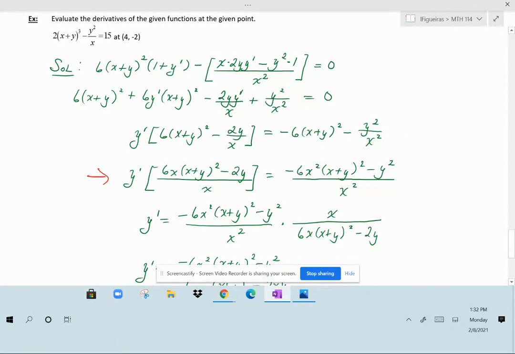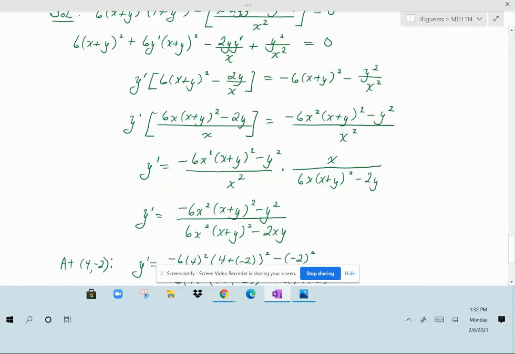Okay, so I have to isolate y prime, so I'm going to multiply both sides by the reciprocal of this expression. When I do that, it cancels on the left, but on the right, you get what you see here. The expression on the left gets written down and then multiplied by the reciprocal of that expression.